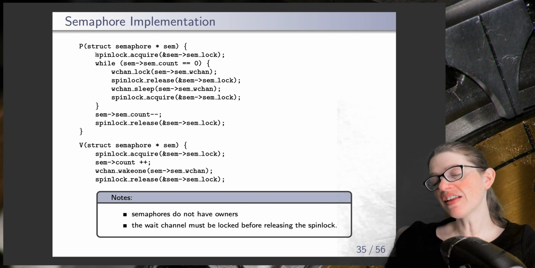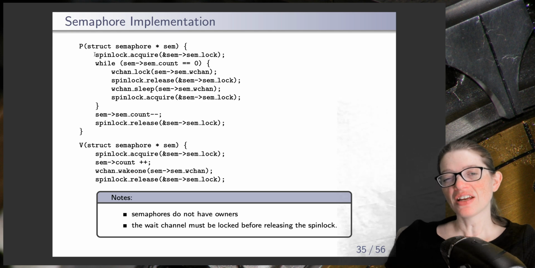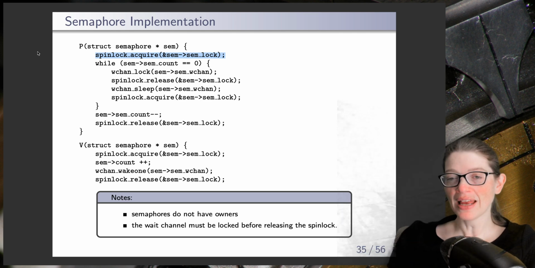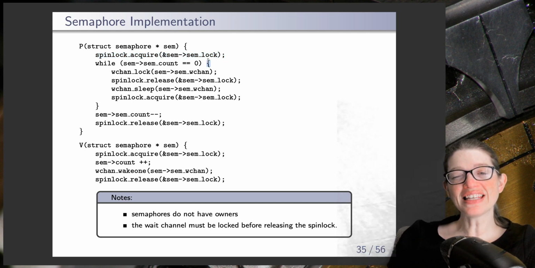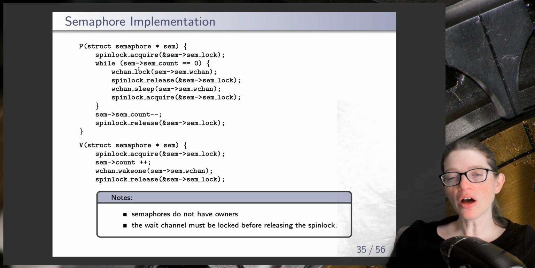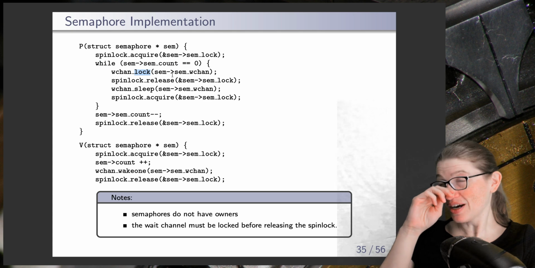So we need to check the value of the resource. So we're going to acquire this spin lock. This is to do an atomic test and set. While the Semaphore's count is equal to 0, that is, while there are no resources available, we lock the wait channel. Sorry, I'm trying not to sneeze.